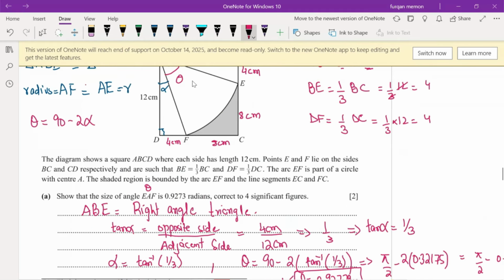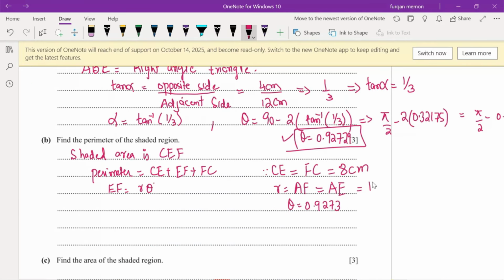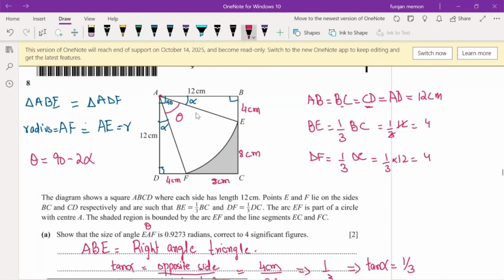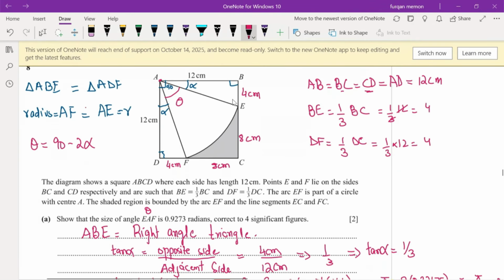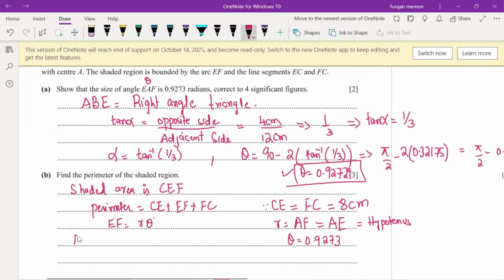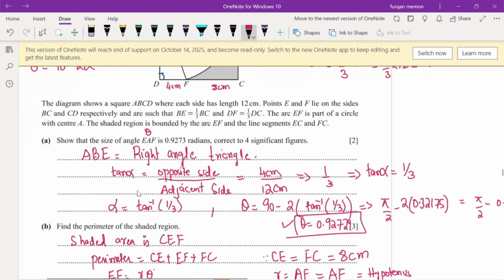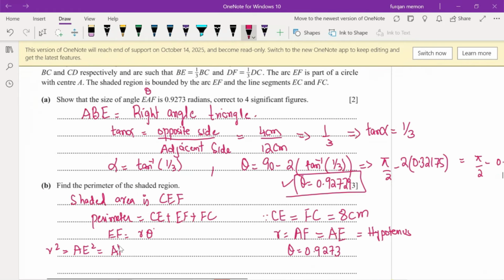So AF, which is the hypotenuse, can be found by using AE square is equal to AB square plus BE square. So R square equals AB square plus BE square.